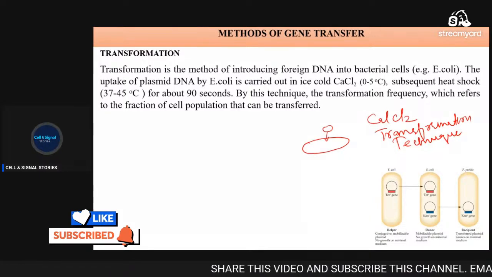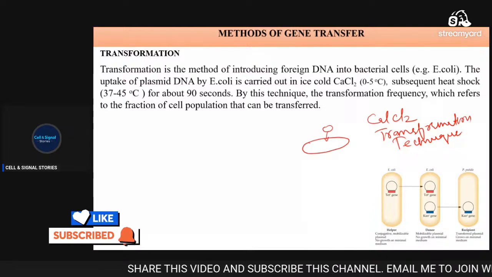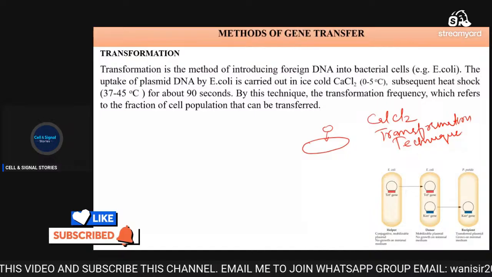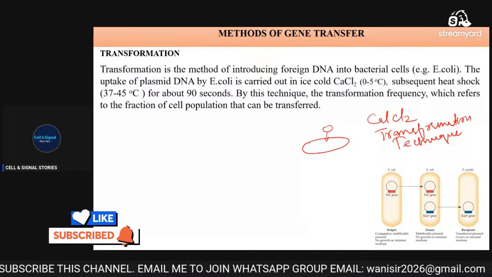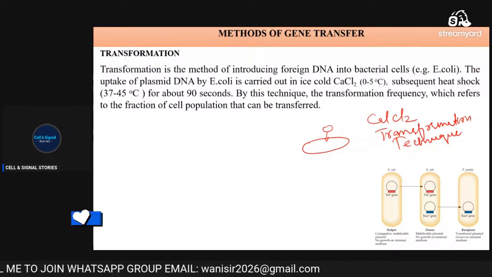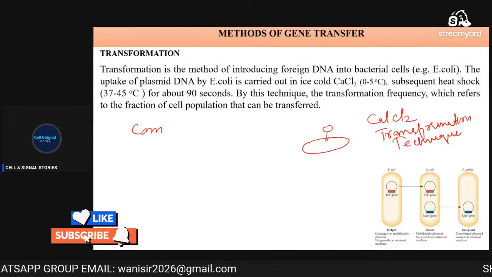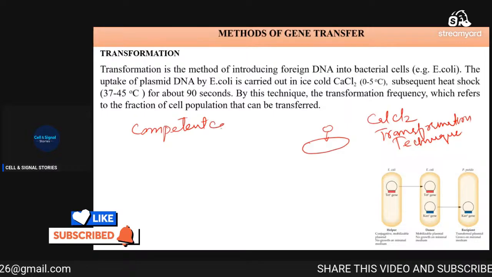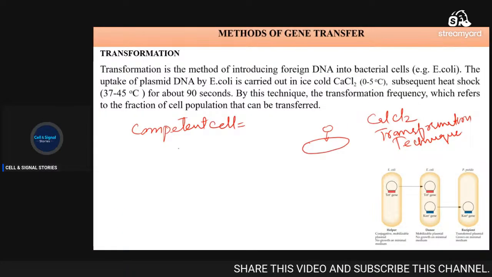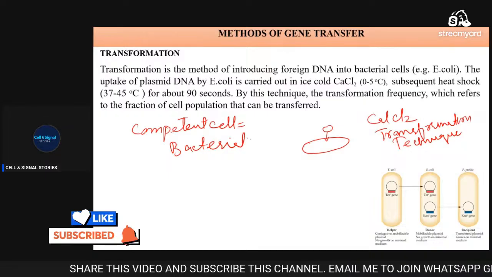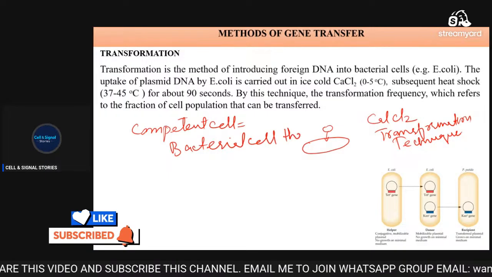First of all, we will try to understand what is a competent cell. The competent cells are the bacterial cells that can accept extra chromosomal DNA, that is, naked DNA.